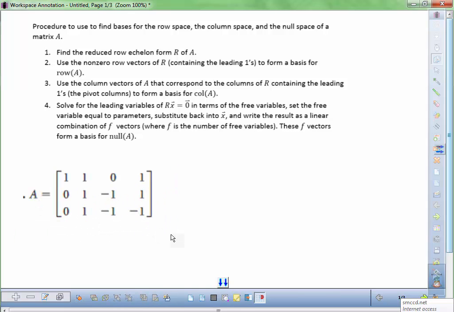So this is a 3 by 4 matrix. Let's take a look at a 3 by 4 matrix and try to find a basis for the row space, the column space, and the null space. And then let's see where we can go from there.